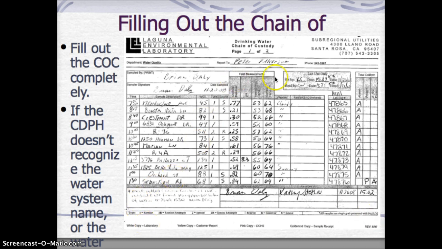And then here are your field measurements. You've got your pH, temperature, chlorine residual, and let's see what else. Up here it lists who you want the test results to go to.